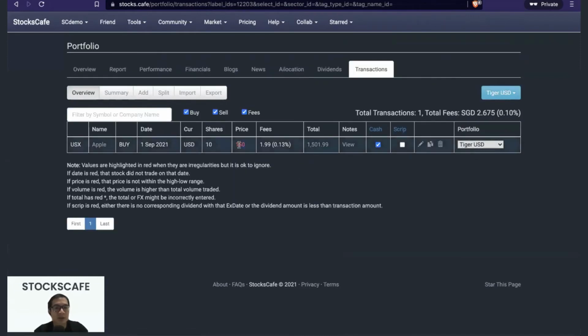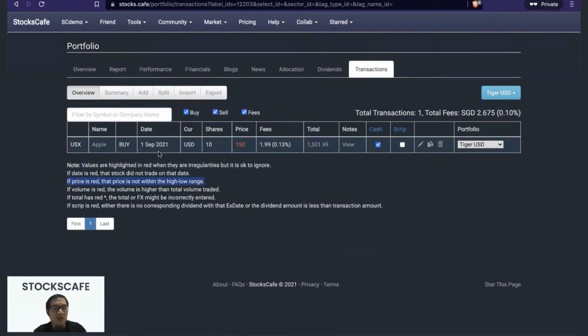Since now we have this trade price, let's talk a little bit about it. Any values here can be red. Values are highlighted in red when they are irregular. It seems weird to Stocks Cafe, but it's perfectly okay to ignore them. If the price is red, that price is not within the high-low range.